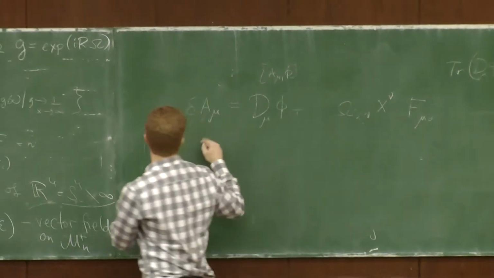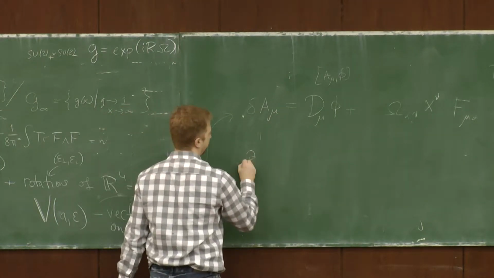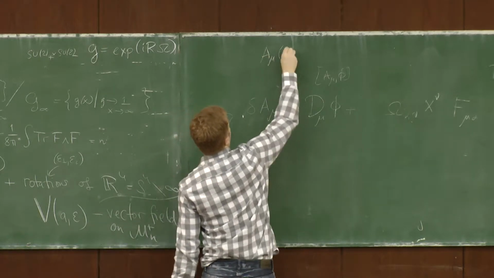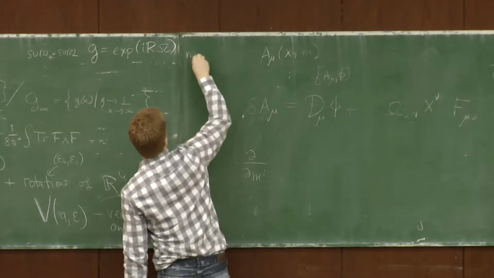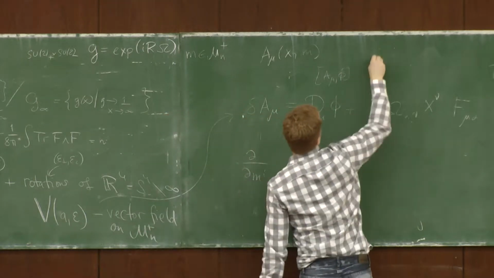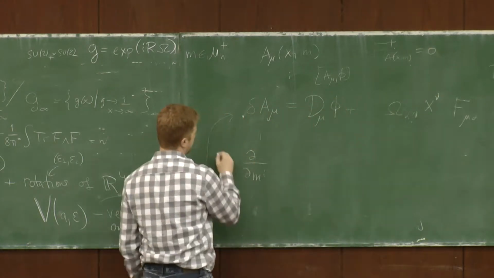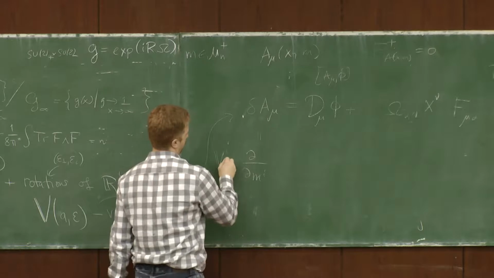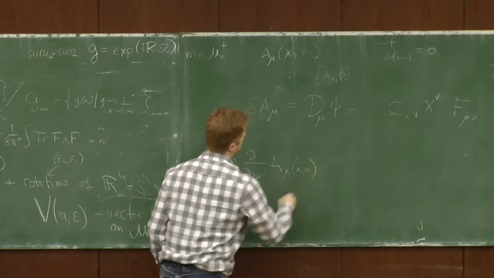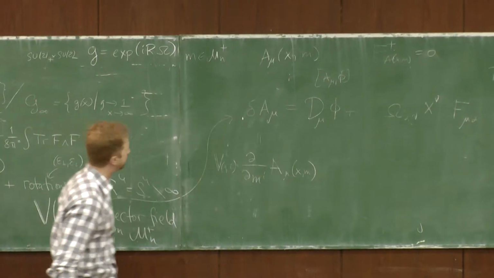And so this transformation expressed in terms of the moduli, you can write it as a variation of the moduli. And so this is the vector field which I'm talking about here.